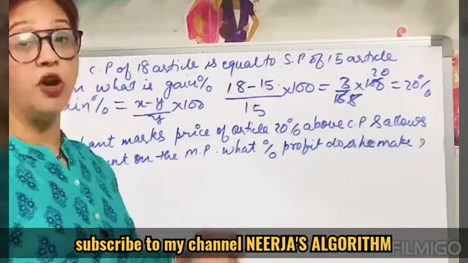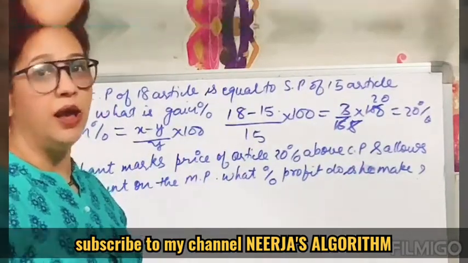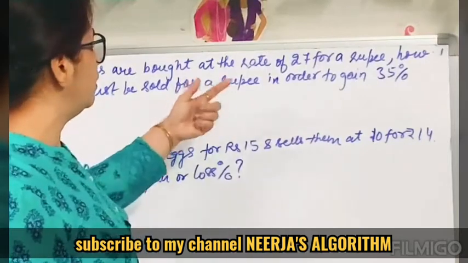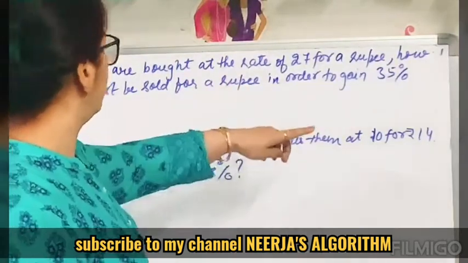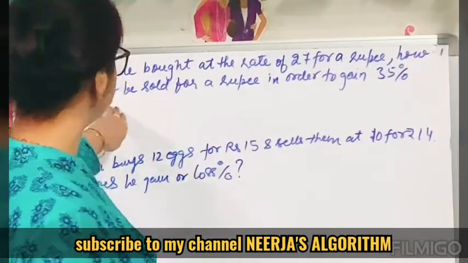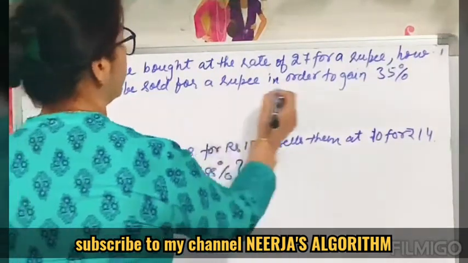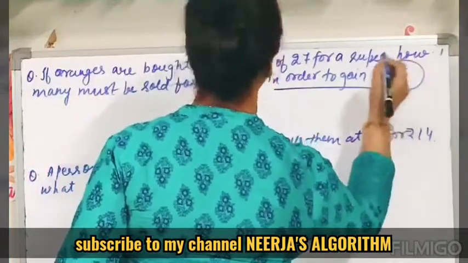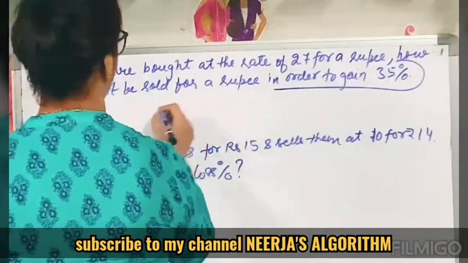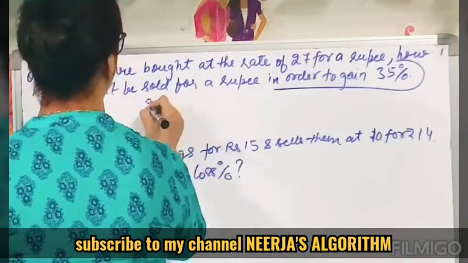But according to the competition, the next question is: if oranges are bought at the rate of 27 for a rupee, how many must be sold for a rupee in order to gain 35%? Now there will be a formula. I am writing first how to do it.